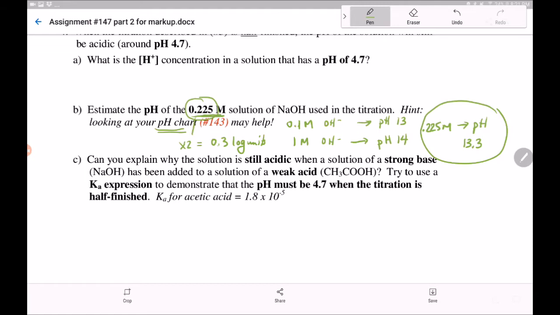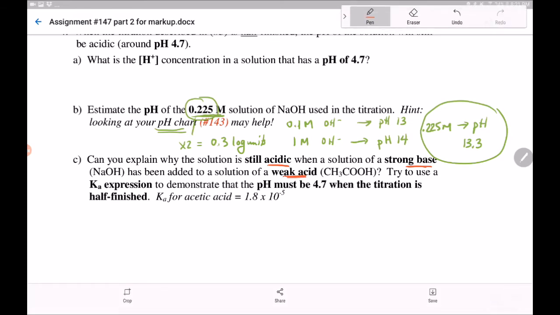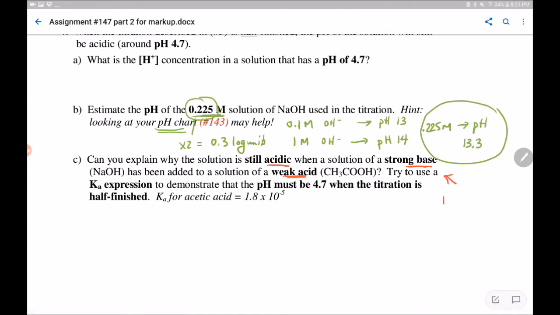The last question. The first question is, how can it be acidic when we added a strong base? And what you should realize there is the populations matter. How many of those strong base molecules were added?